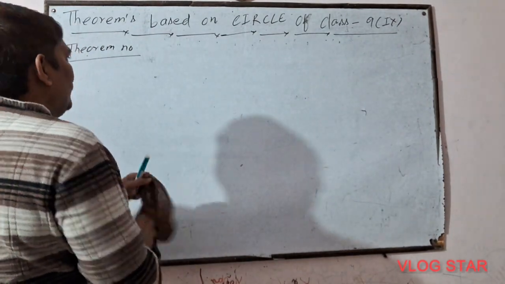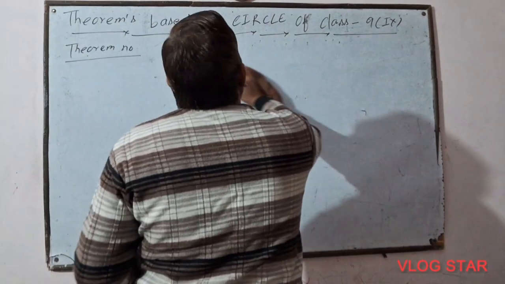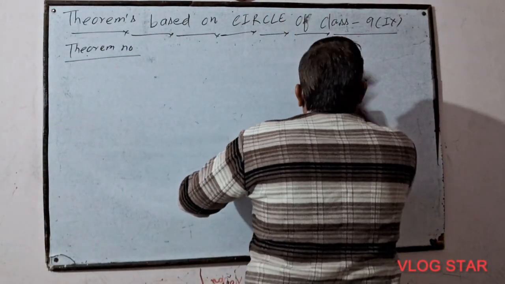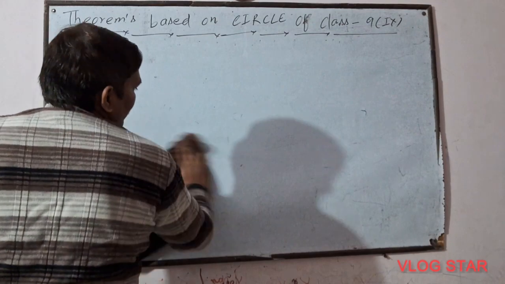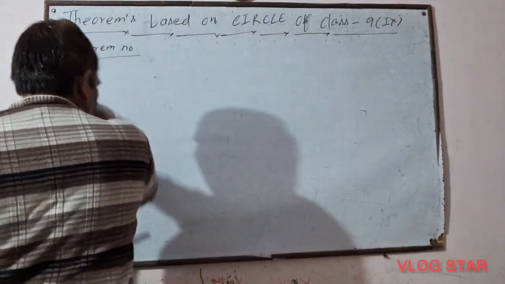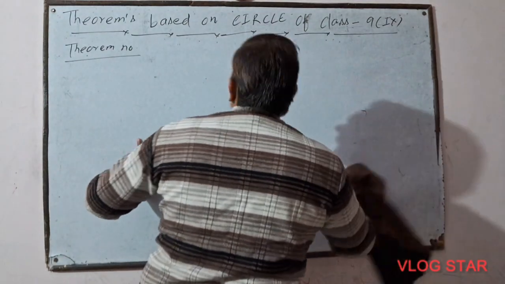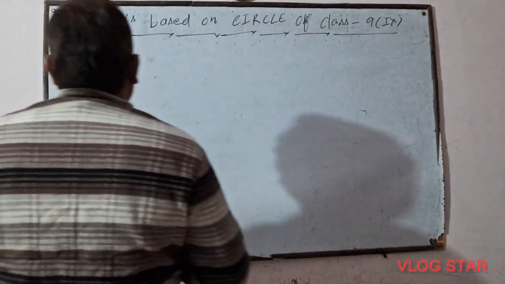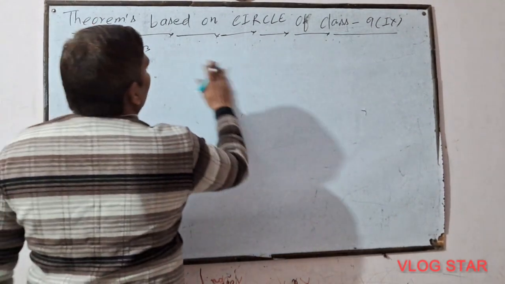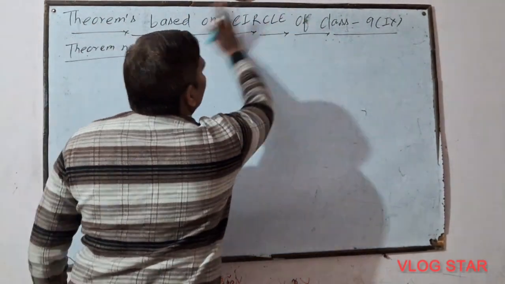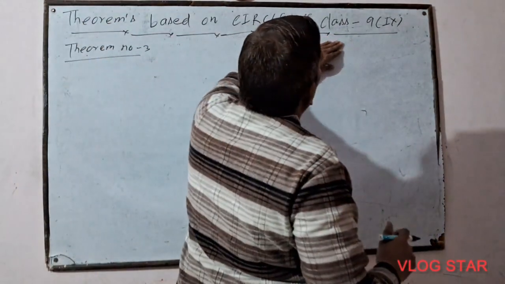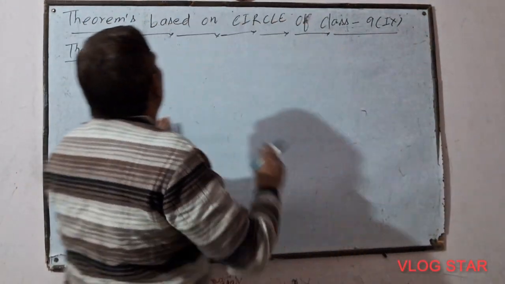We have to prove that when two chords are equal, then their perpendicular distance from center will be the same. This is theorem number 3. I am writing the statement. If anybody has any confusion, then just write in the comment section.